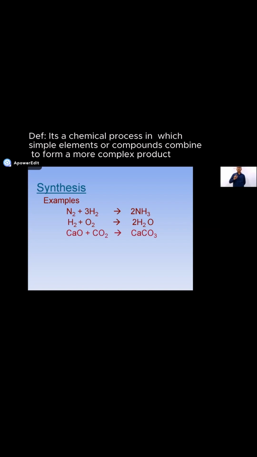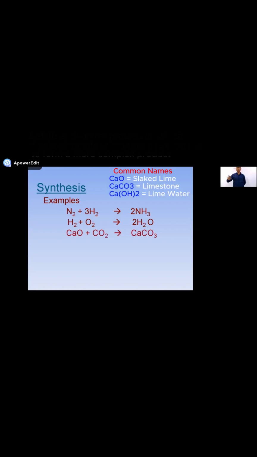What is the common name of calcium oxide, CaO, and calcium carbonate, CaCO3? It's not an assignment. It's just to enhance your chem IQ level. I want to know the common names of these two chemicals.